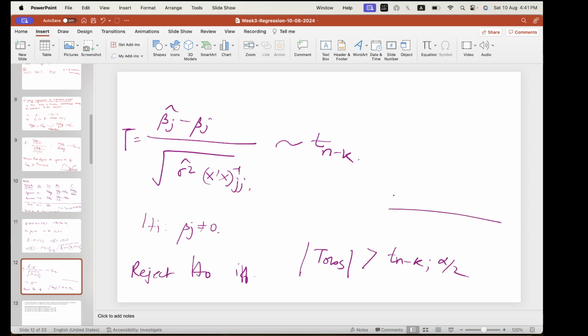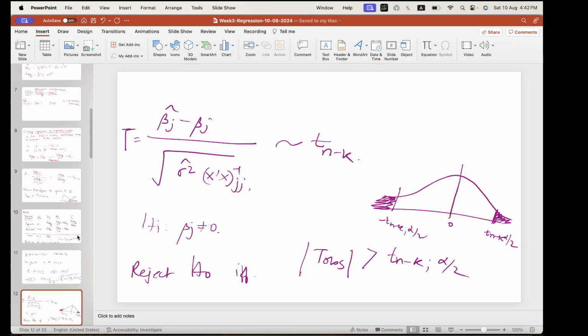So what I mean to say is that if this is the t distribution which is symmetric across 0, this point is actually t n minus k, alpha by 2. So what does this mean? We will only reject H naught if this observed value is falling here, or if the observed value, this is minus t n minus k alpha by 2, is falling below. Okay, so this is how we test for significance of each of the constituent predictors.